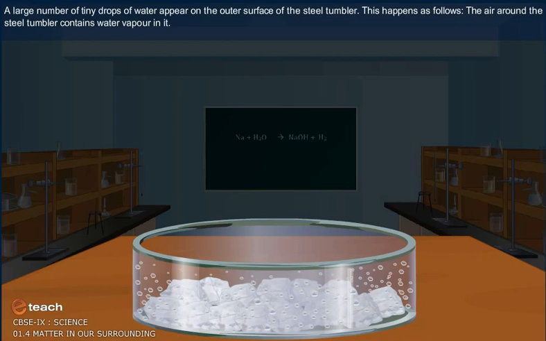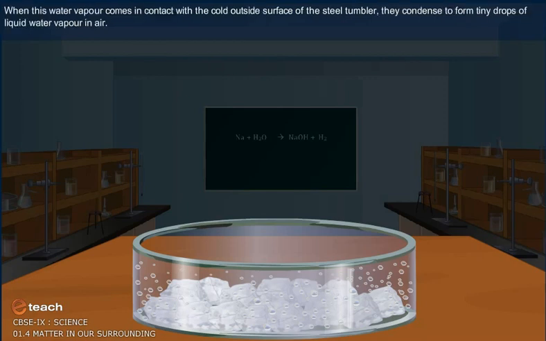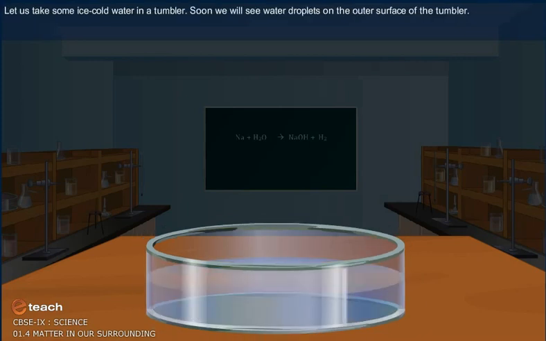This happens as follows. The air around the steel tumbler contains water vapor in it. When this water vapor comes in contact with the cold outside surface of the steel tumbler, it condenses to form tiny drops of liquid water. Water vapor in air: let us take some ice-cold water in a tumbler.